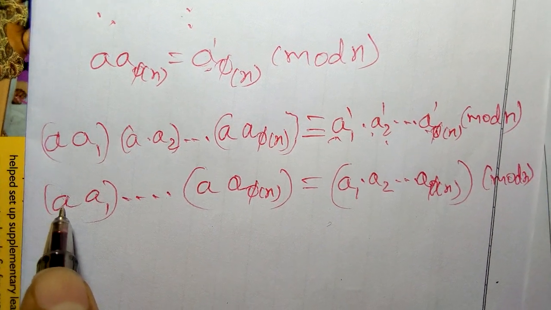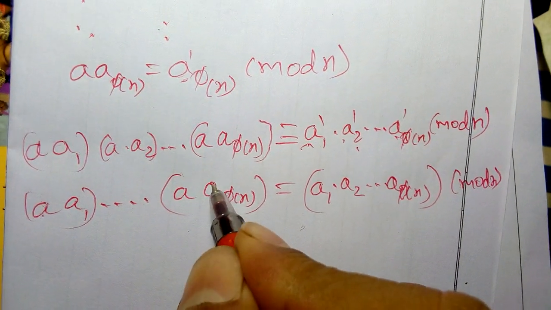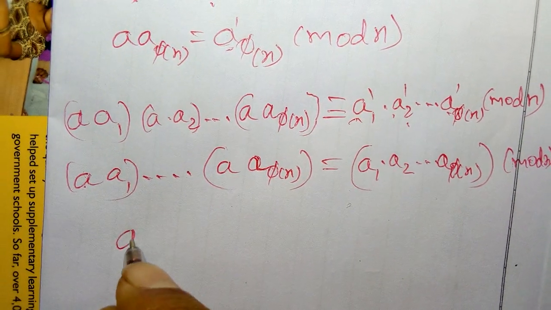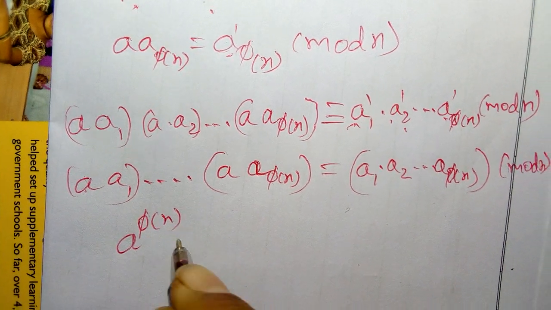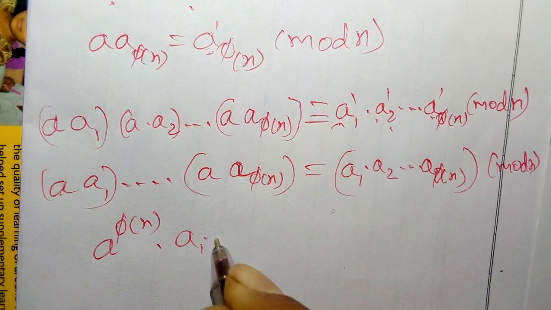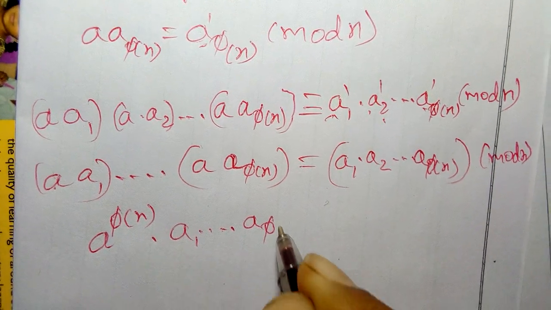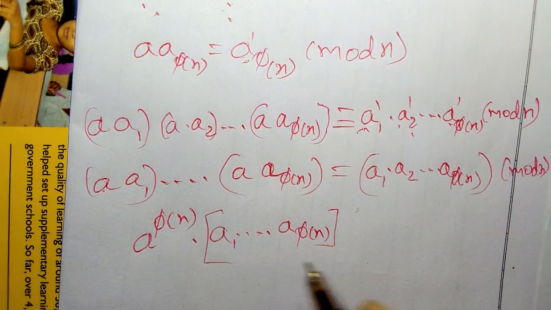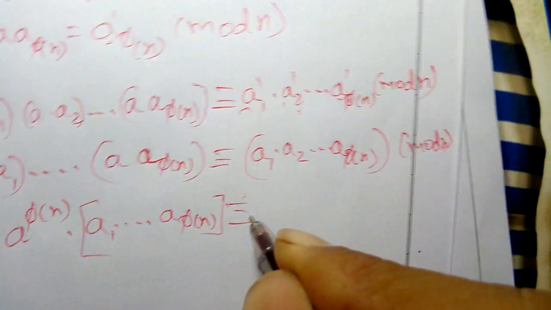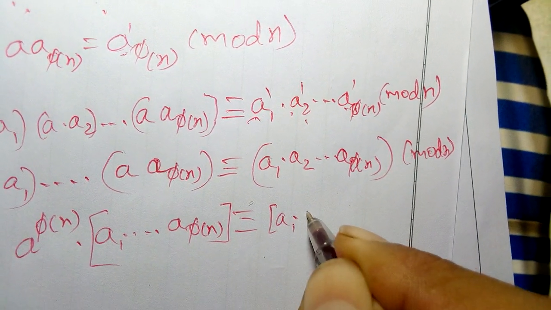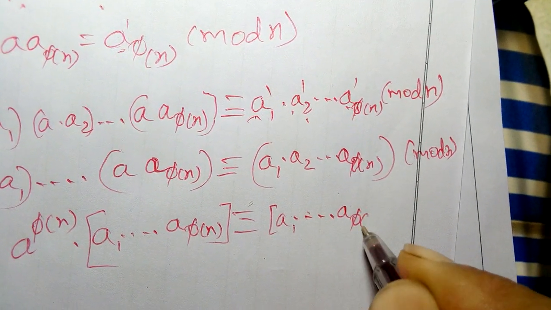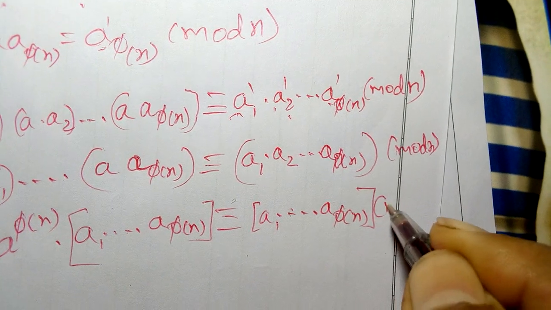Now a is repeated phi of n times, so we can write a raised to phi of n times a1·a2 up to a phi of n, congruent to a1·a2 up to a phi of n mod n.